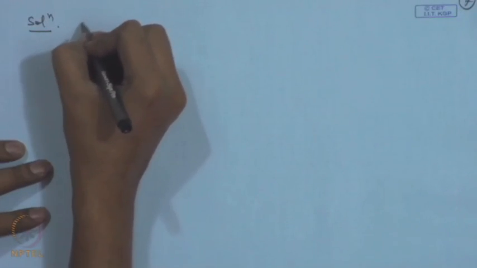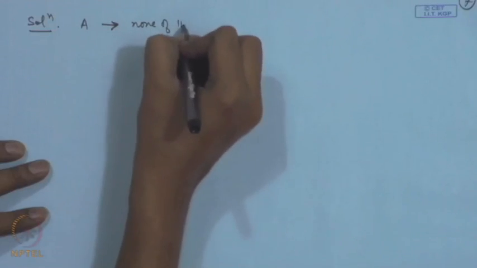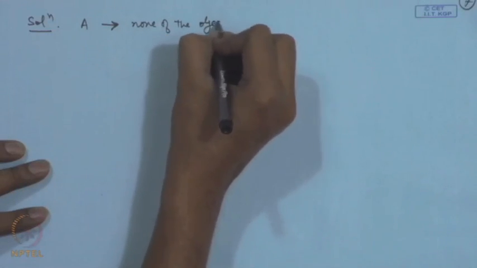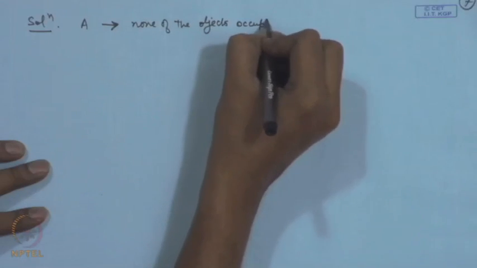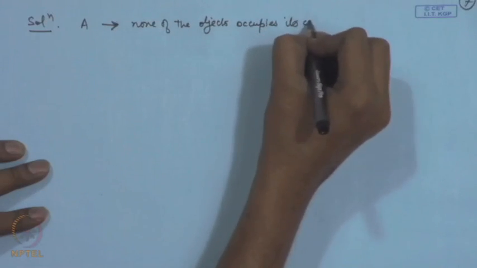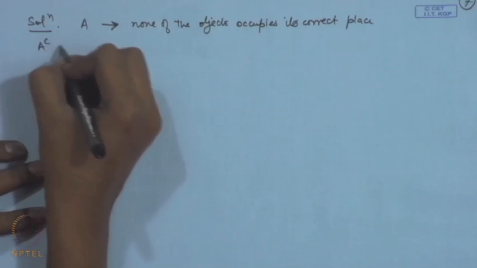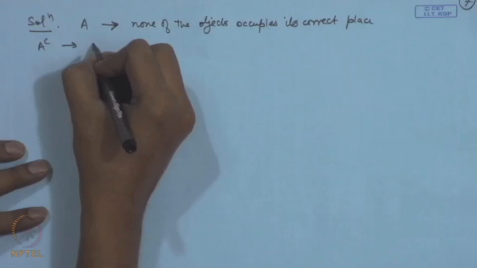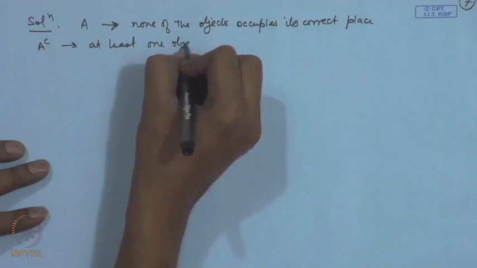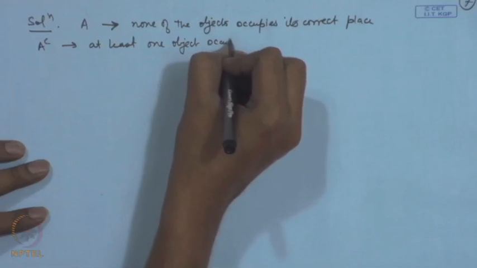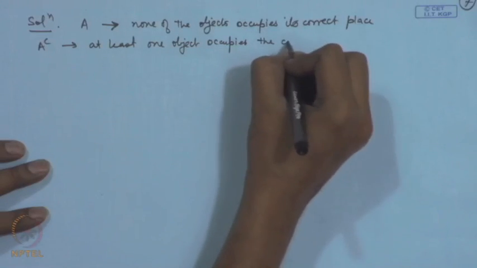Let us consider A to be the event that none of the objects occupies its correct place. So, A complement is the event that at least one object occupies the correct place.